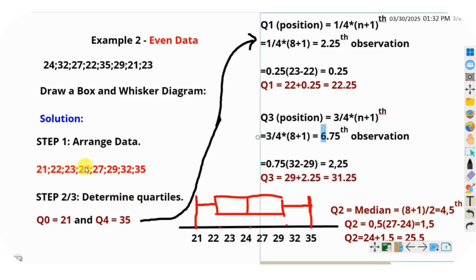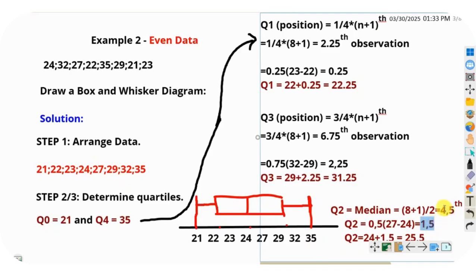So it's the fourth term, and then the fifth term, so I will say 0.5 multiplied by the difference of the terms, 27 minus 24, because it is 4.5, it is somewhere between. 0.5 multiplied by 27 minus 24, and I get 1.5.